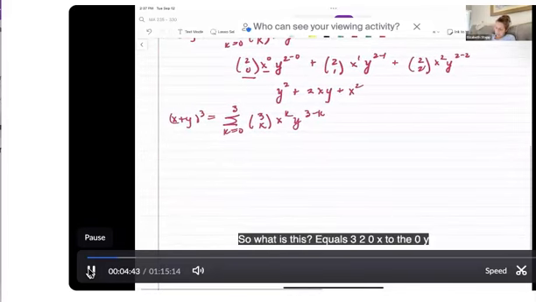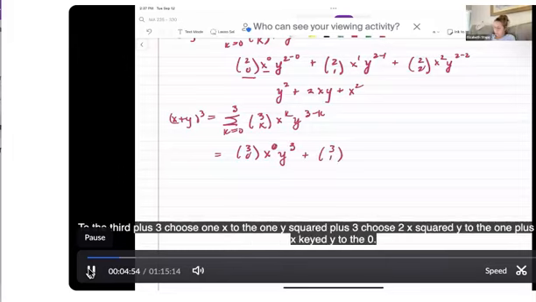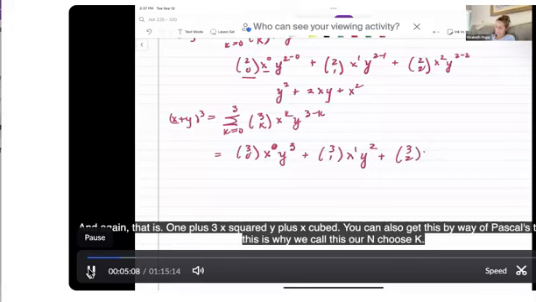So this equals 3 choose 0, x to the 0, y to the third, plus 3 choose 1, x to the 1, y squared, plus 3 choose 2, x squared, y to the 1, plus 3 choose 3, x cubed, y to the 0. Again, that is y cubed plus 3xy squared plus 3x squared y plus x cubed.